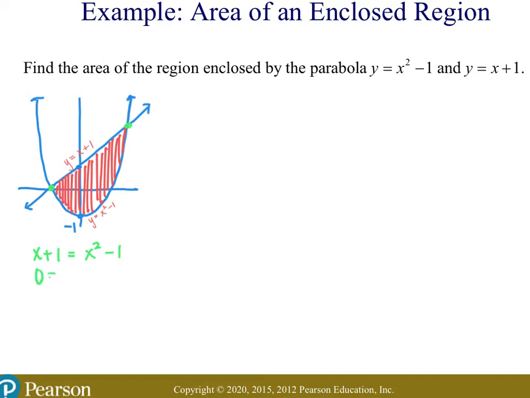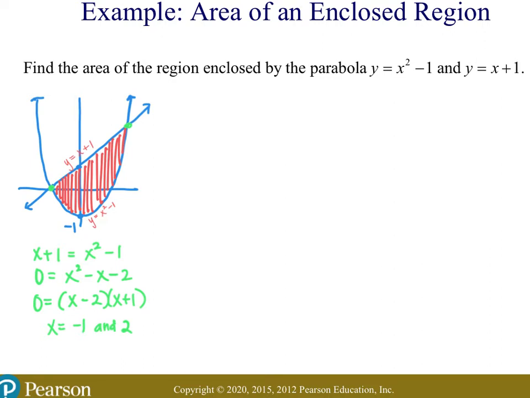So I'm going to subtract x, and I'm going to subtract 1. So then we'll factor to x minus 2 and x plus 1. So x is -1 and x is +2. So those are the values of the bounds.